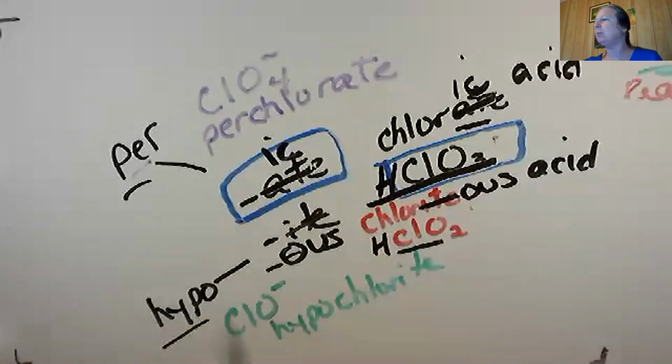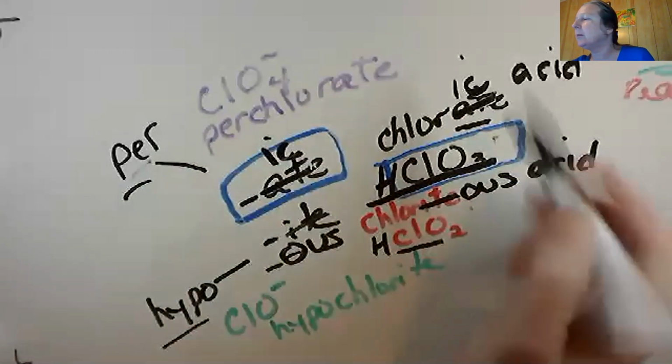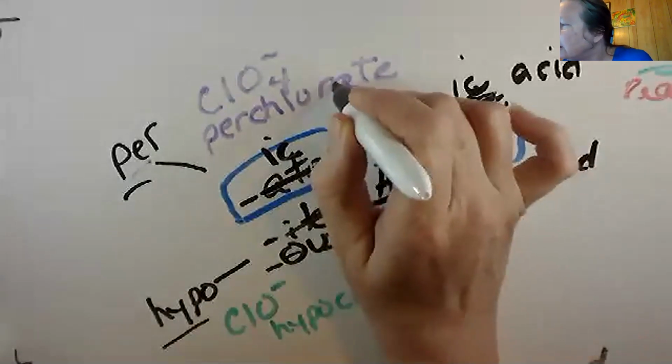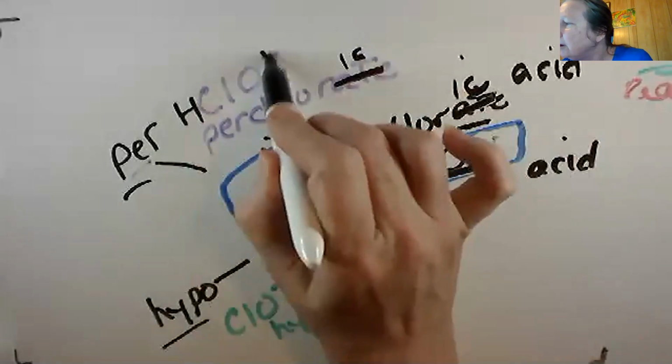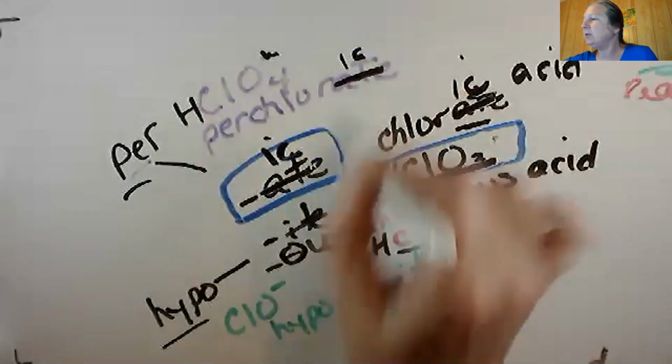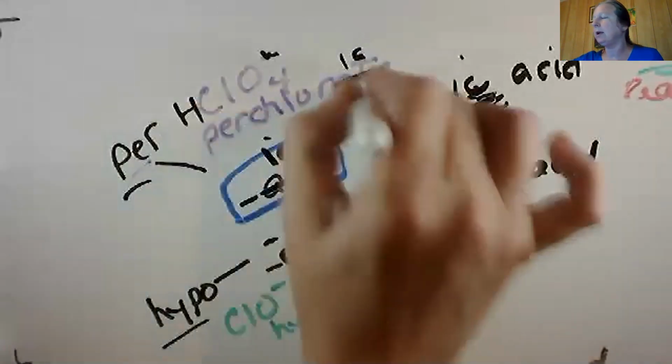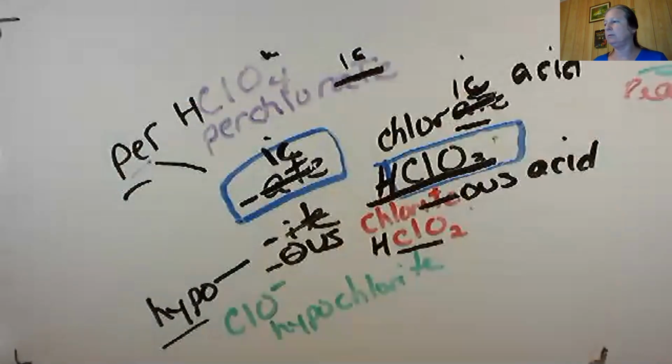Perchlorate acid. I shouldn't just, brain's getting tired. So the ate is still ic. So perchloric acid. The ite becomes ous.